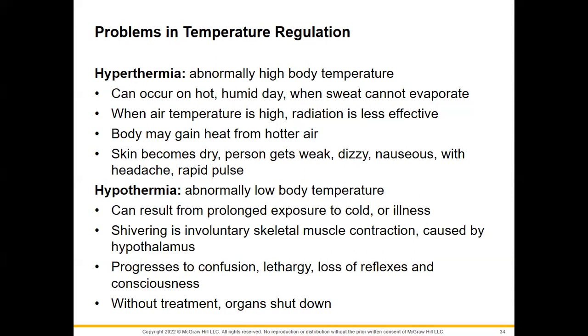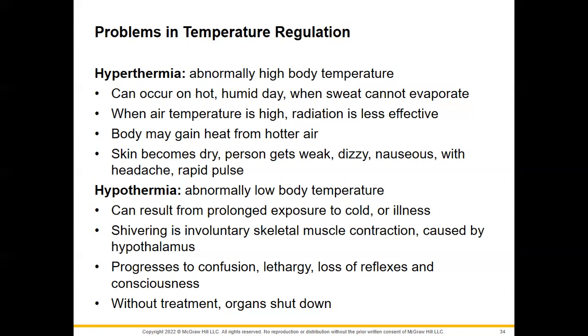So hyperthermia is excessive temperature, abnormally high body temperature. This can occur on a hot, humid day when your sweat can't evaporate. You're sweating, but the sweat is stuck to your skin, and it can't leave your skin.